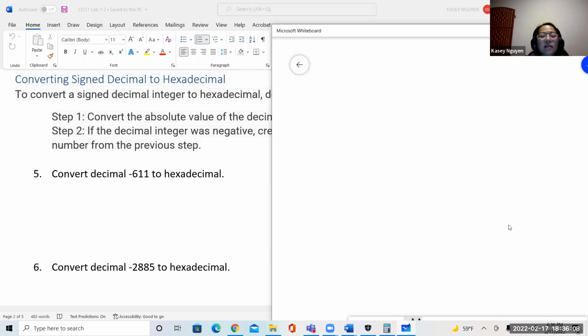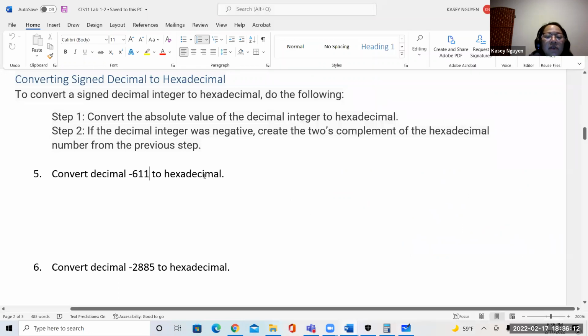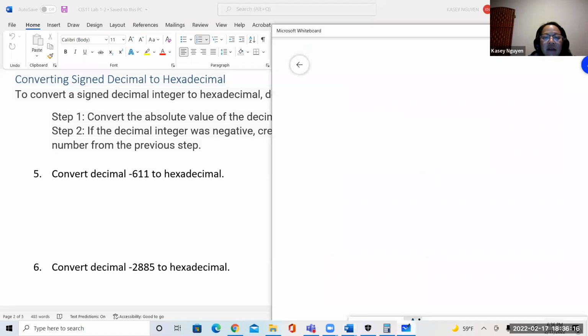Like what we talked about before, when we're going from decimal to hexadecimal, we are going to use the division method. When we're going from hexadecimal to decimal, we multiply. When we're going from decimal to hexadecimal, we divide. So I'll do number 5, 6, 1, 1.